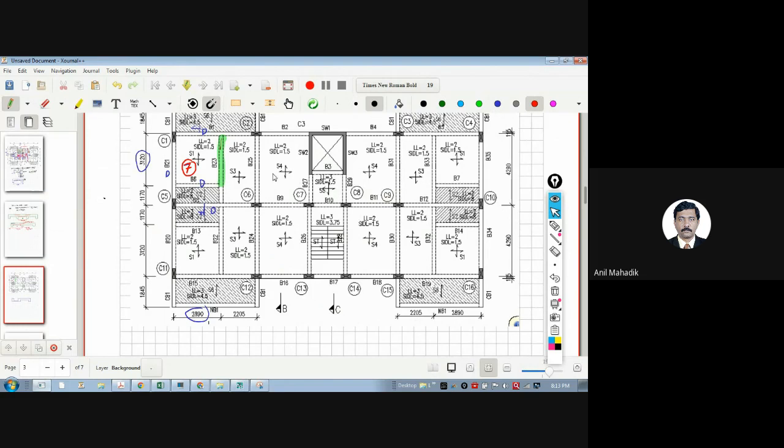For S4 we have used 2, I think. Now for S3, what will it be? One shorter is discontinuous. So shorter is discontinuous.